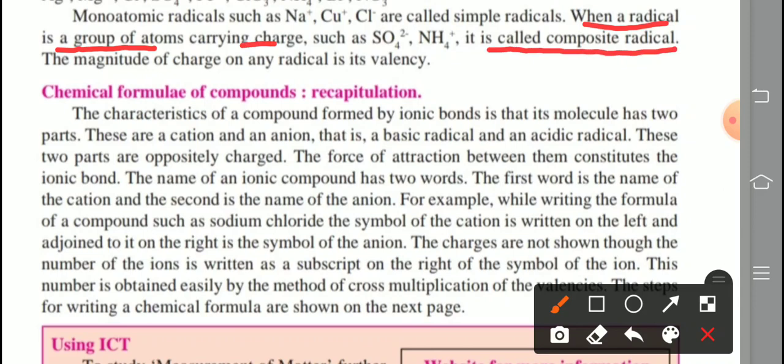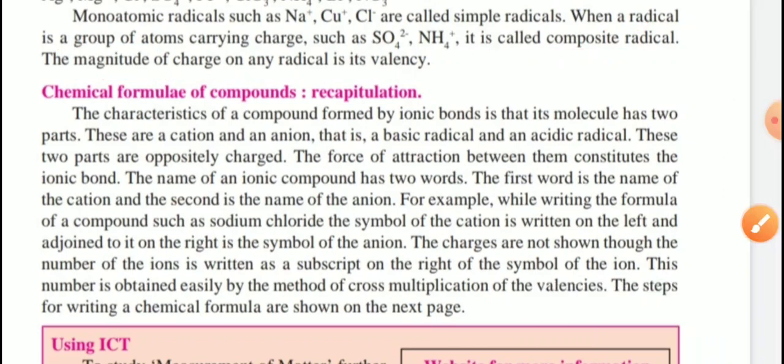For example, SO4 2 minus given here, that is sulfate radical. NH4 plus means ammonium radical. The magnitude of a charge on any radical is called its valency. Means how many positive or negative charges are there. That number of charges is nothing but the valency of that radical. All are getting? Yes. Next.